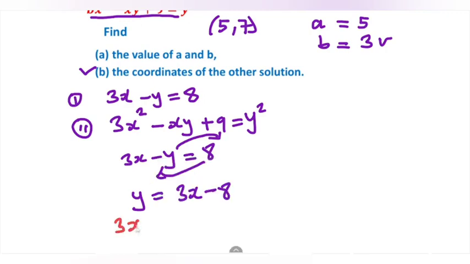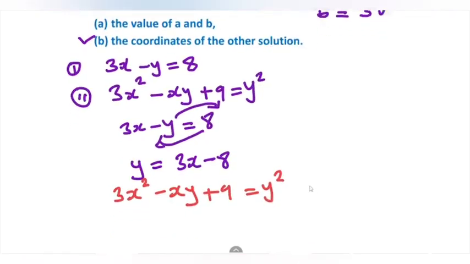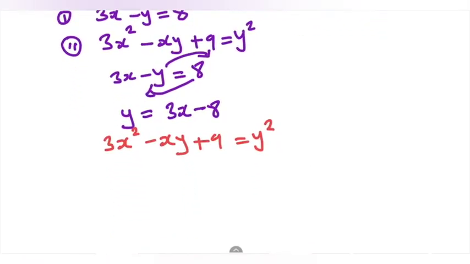Equation 2 is 3x squared minus xy, plus 9 is equal to y squared. In this equation 2, we are just going to substitute. Where there is y, we put 3x minus 8.